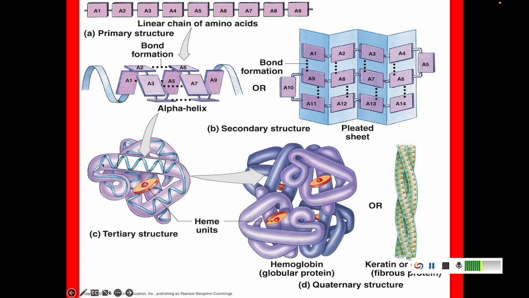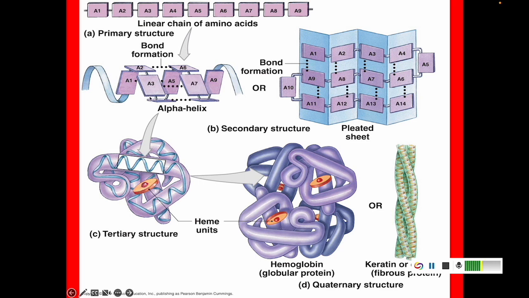Hydrophilic R groups are going to turn out towards water. Different R groups are going to interact with each other to form maybe polar interactions or even covalent interactions. If you have a couple of sulfurs, they'll make a sulfur bond with each other. You might have just different R group interactions are what's really forming your tertiary structure here.